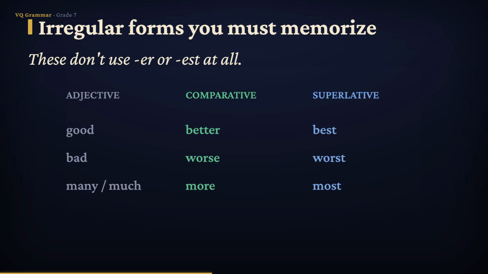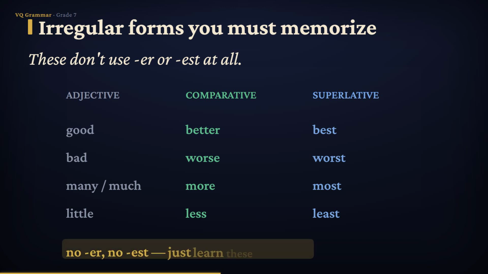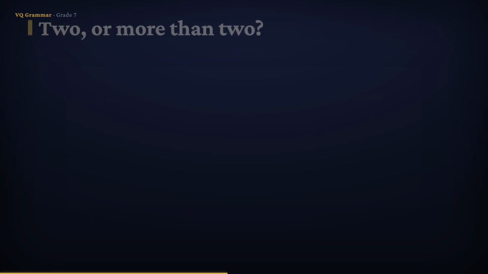Many or much becomes more and then most. And little becomes less and then least. There's no pattern to lean on here, so say these forms out loud until they feel automatic. They're some of the most common adjectives in the language, so they're well worth knowing.